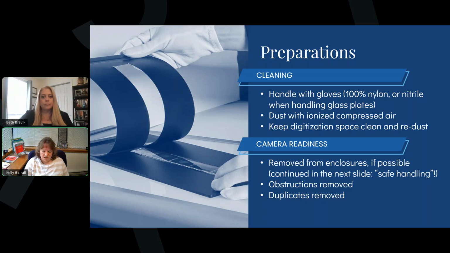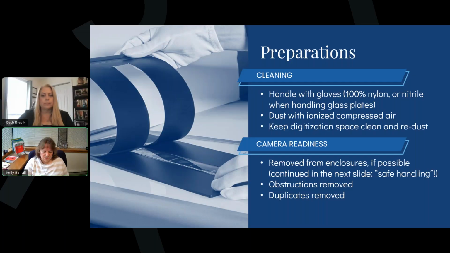That said, there could be some extenuating circumstances that make it wiser to digitize them in their frames, for example. We don't want to damage originals when we're digitizing. So if there are reasons why items shouldn't be removed from their carriers, you'll need to consider how to work around that.